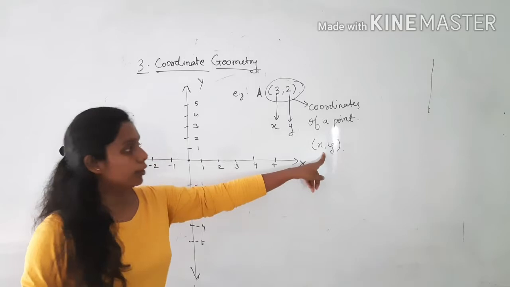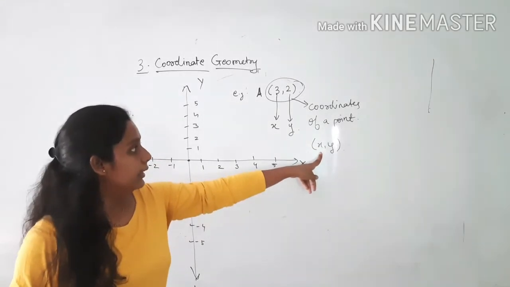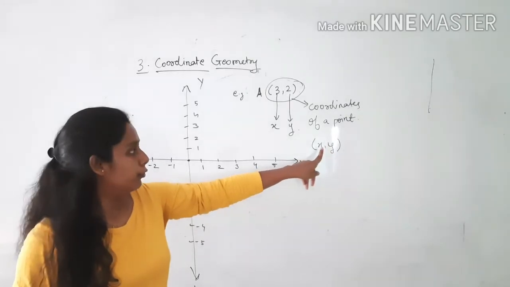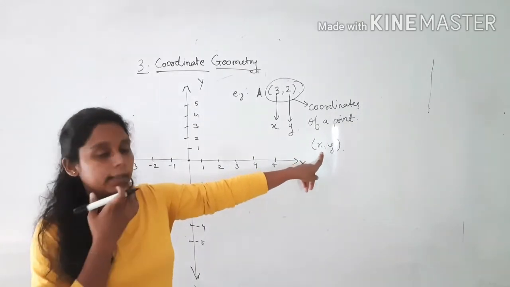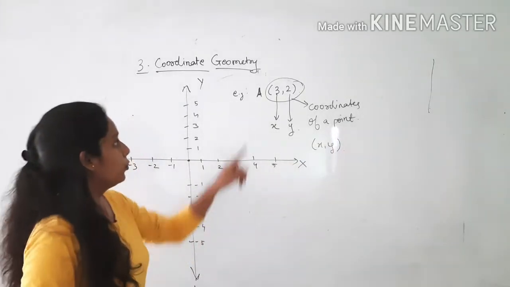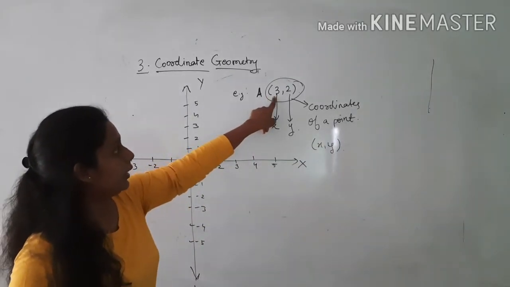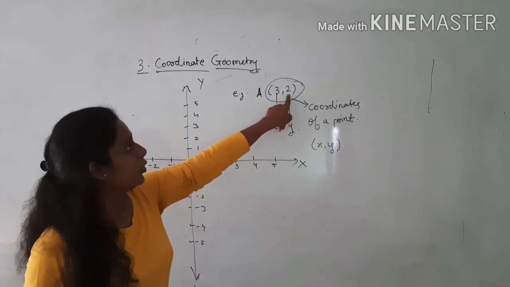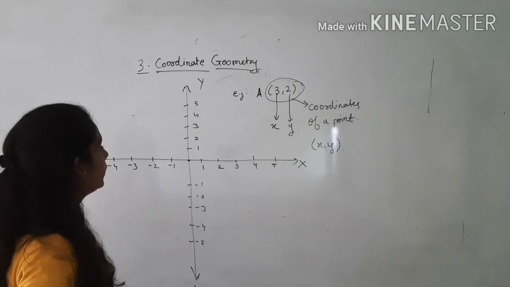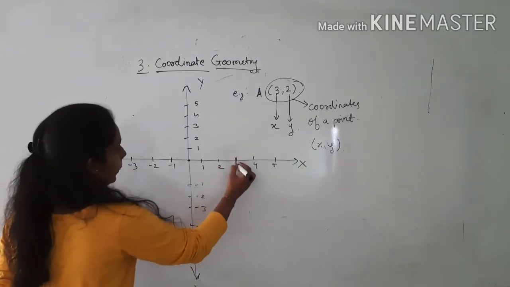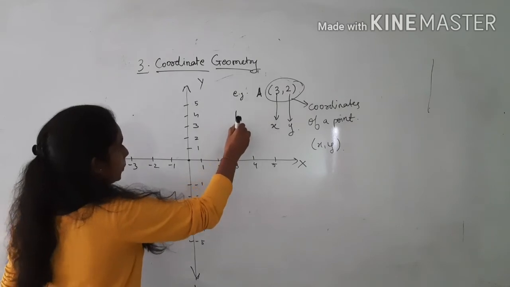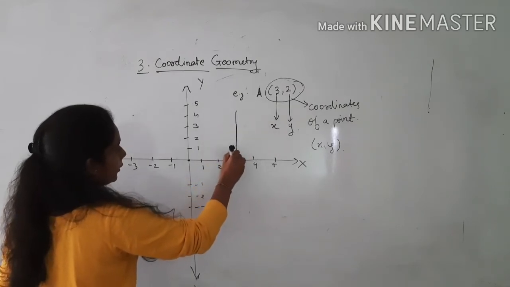This is a very important note to be made: coordinates of a point are written in the form x comma y. So the first number is for the x axis and the second is for the y axis. In this example, 3 is the x coordinate, 2 is the y coordinate. Okay. So where is point 3 on the x axis? The very easy thing you have to do is draw a perpendicular at point 3.